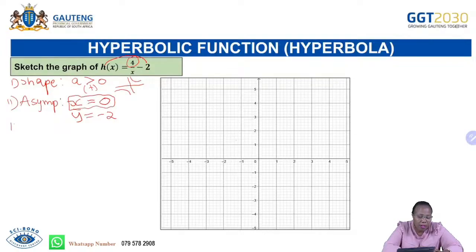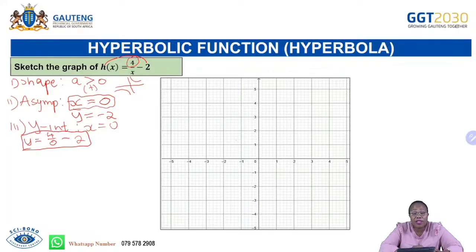Now number 3, we look at the y-intercept of the graph when x is equal to 0. We put a 0 there. Can you see? It will give us y is equal to 4 over 0 minus 2. Remember, in mathematics, when you put this in your calculator, it will indicate an error, because this is undefined. Why is it undefined?